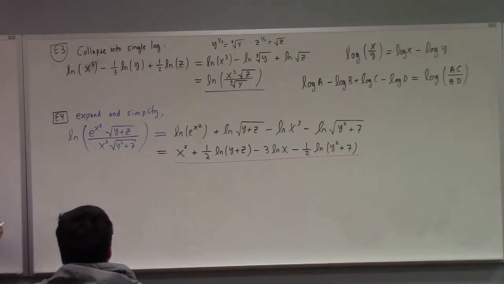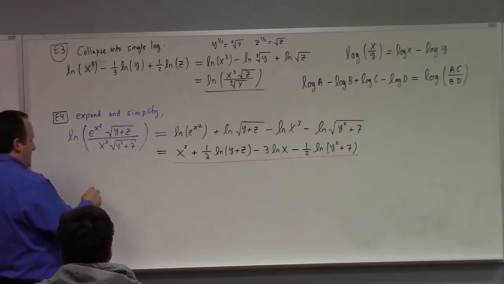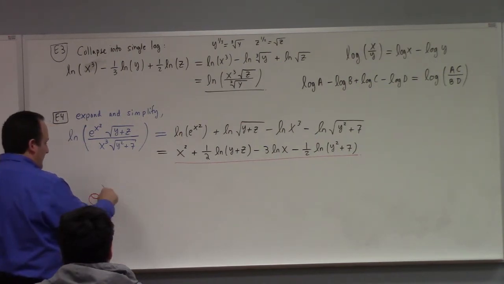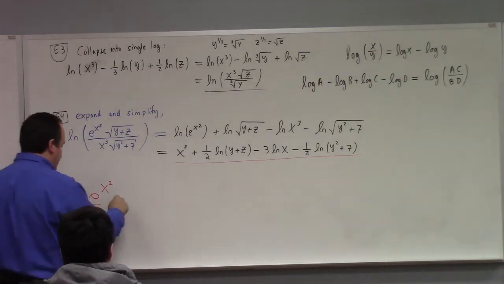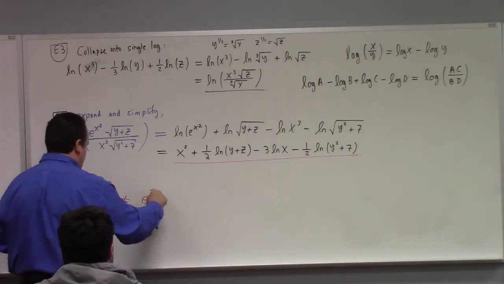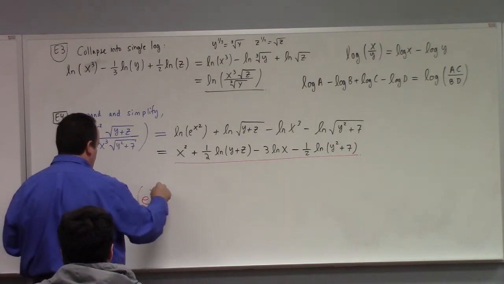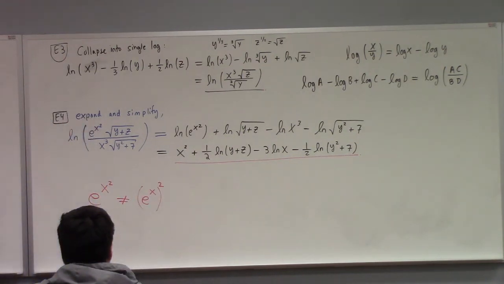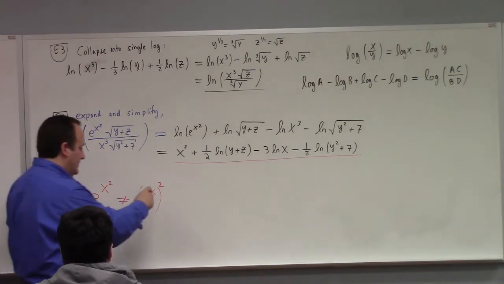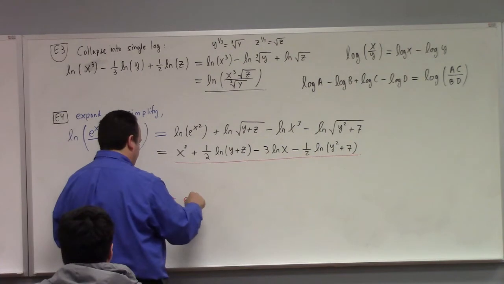I mean, if you're tempted, let me talk about that for a second here. So we have e to the x squared, right? This is not equal to, among other things, e to the x, squared. Why? E to the x, squared, is e to the x times e to the x, yeah?